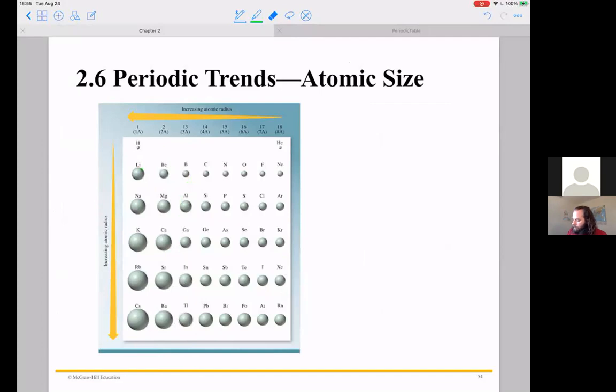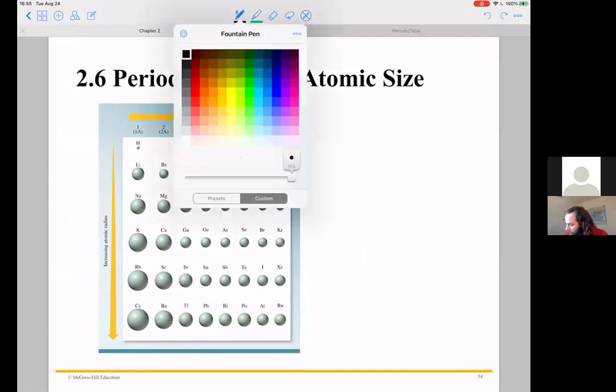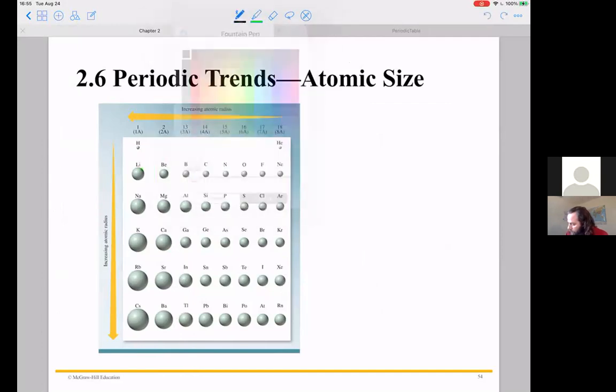Notice how as I'm going across, right? So lithium has an atomic number of 3. Beryllium has an atomic number of 4. Boron has an atomic number of 5. Carbon 6. Nitrogen 7. Oxygen 8. Fluorine 9. Neon 10.